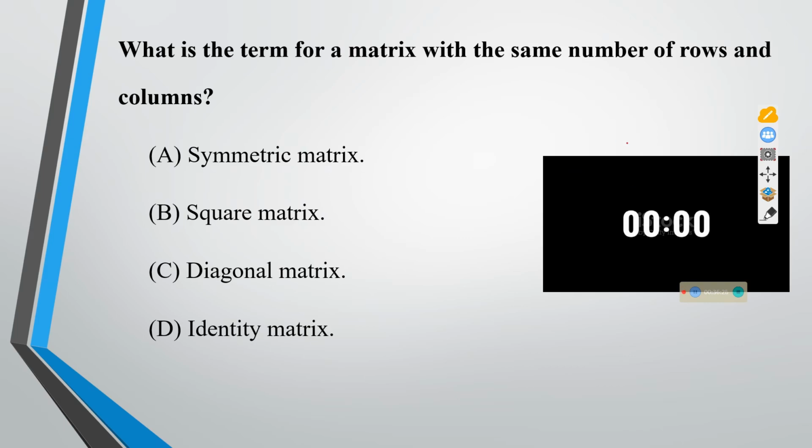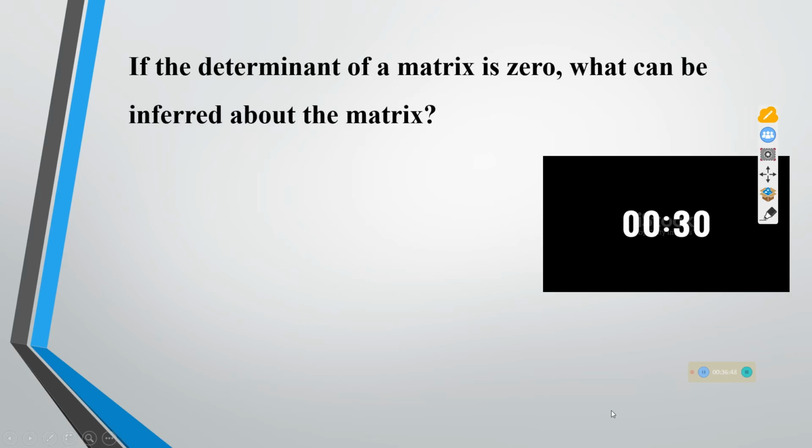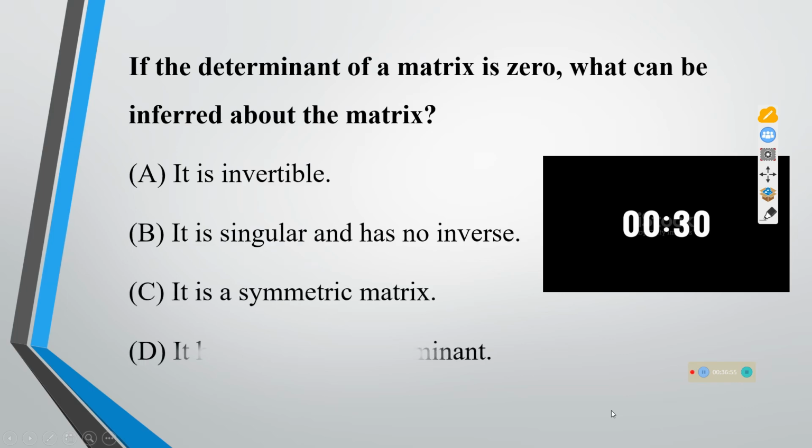So basically a matrix with the same number of rows and columns is what we call a square matrix, not a symmetric, not diagonal, and not identity. Looking at the next question: if the determinant of a matrix is 0, what can be inferred about the matrix? You have your 30 seconds to have that one answered.